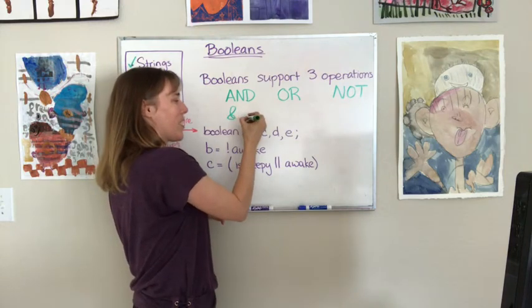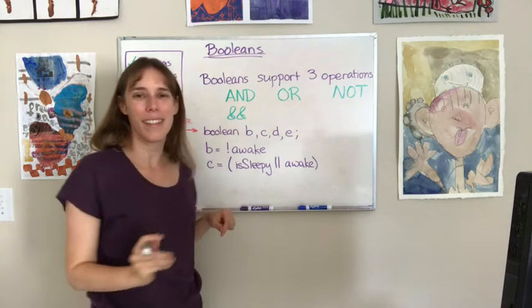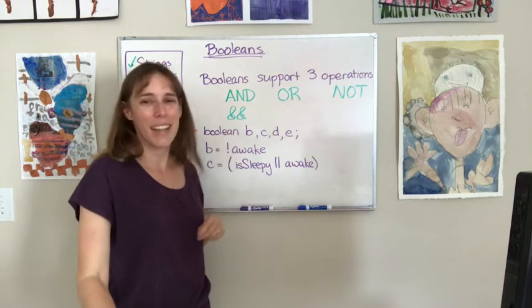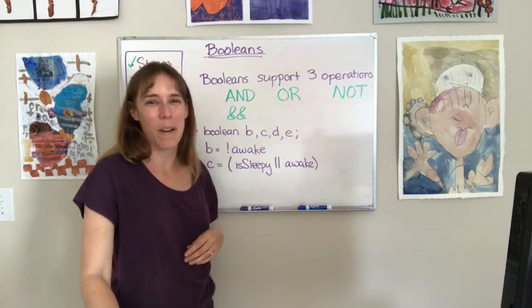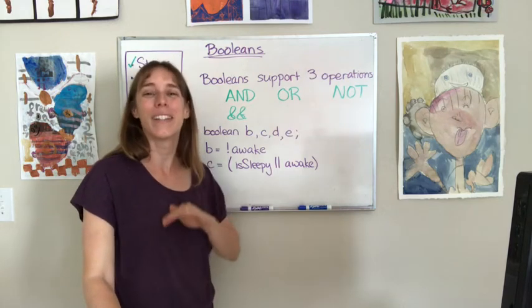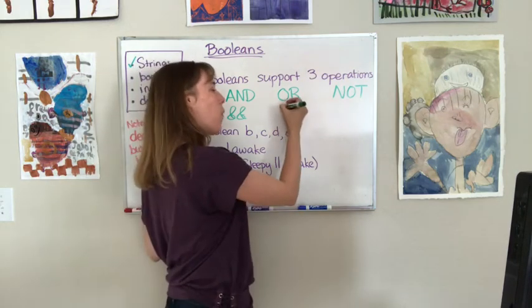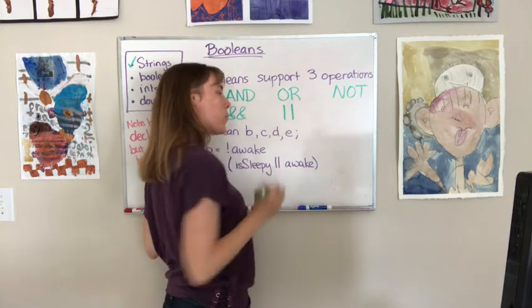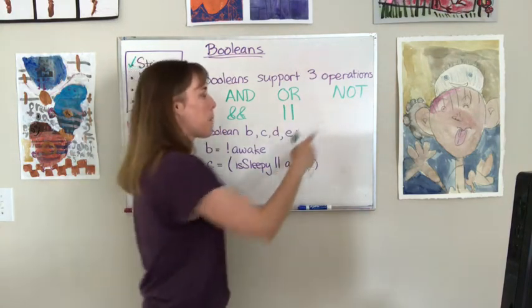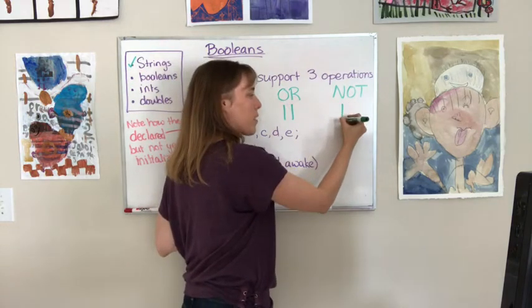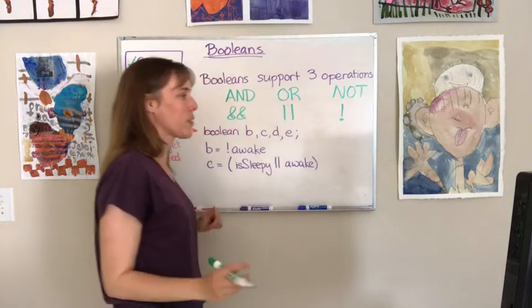In Java, we write and as 2 ampersands. Drawing ampersands by hand is not for the faint of heart. Your first ones will probably look absolutely terrible, and you're in good company. Or is 2 vertical lines. They're up on your keyboard near the backslash. And then not is an exclamation point, not to be confused with factorial.